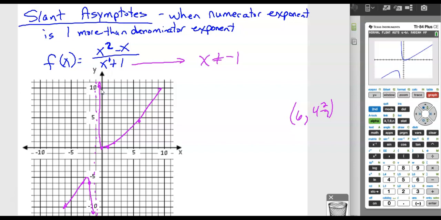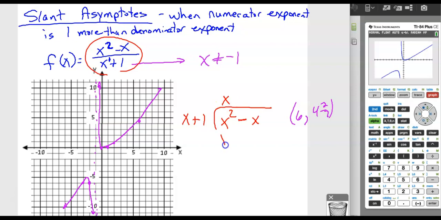And how do you know where the slant is? Well, if you take this problem and divide it, that's what it says. It says divide it. So if you actually divide it, using long division, notice I have x, and then don't forget to subtract.